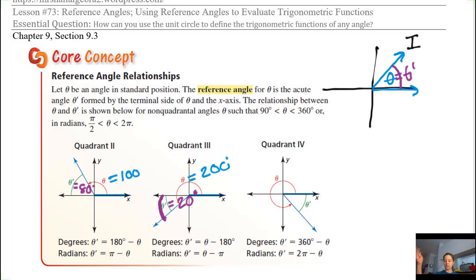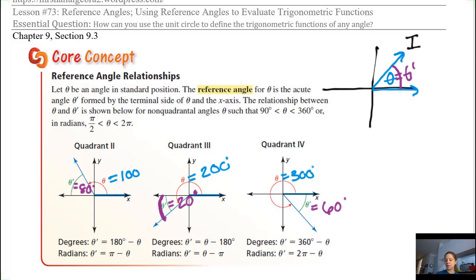And finally, in an example where the terminal side is in quadrant 4, it has to be more than 270. Let's make it 300 degrees. These are all just samples. If it was 300 degrees, then theta prime would be 60 degrees. That is the angle formed by the terminal side and the x-axis.